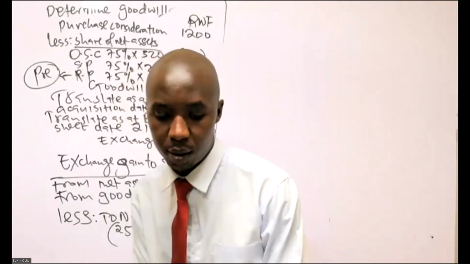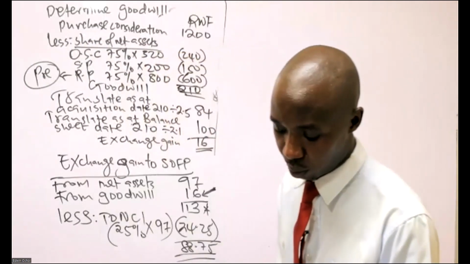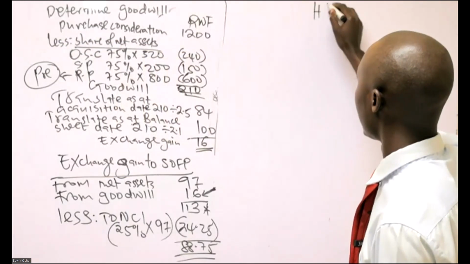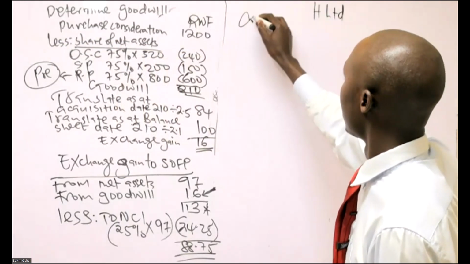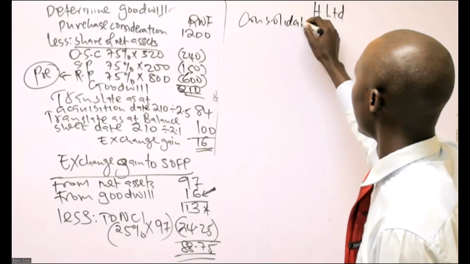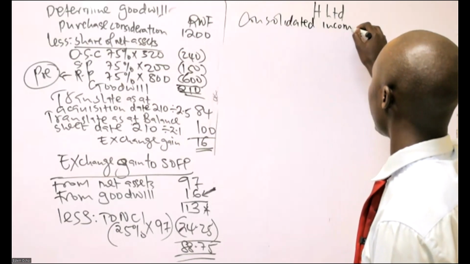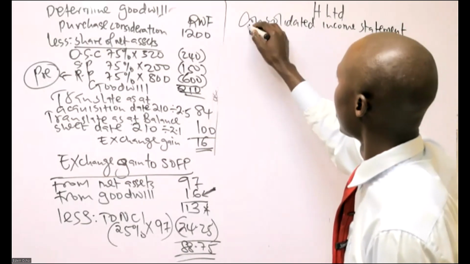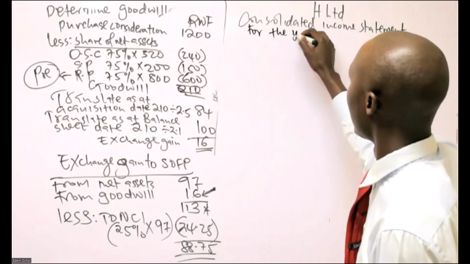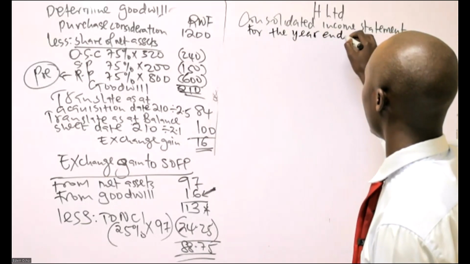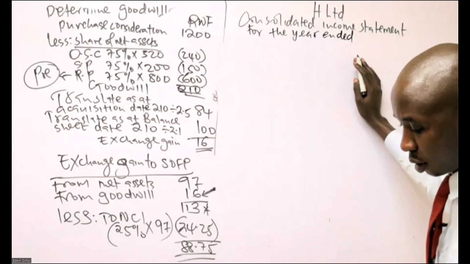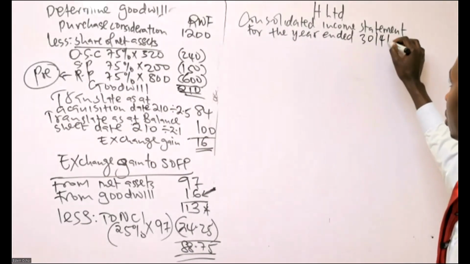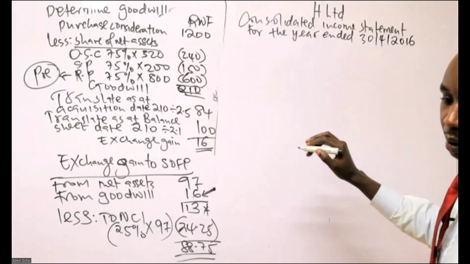So what the examiner needs is the income statement and statement of financial position. So who does this? The H Limited. So we do the consolidated income statement. So that is for the year ended 30th April 2016.